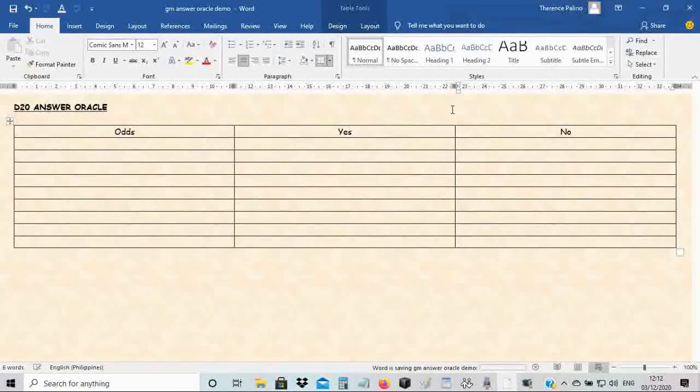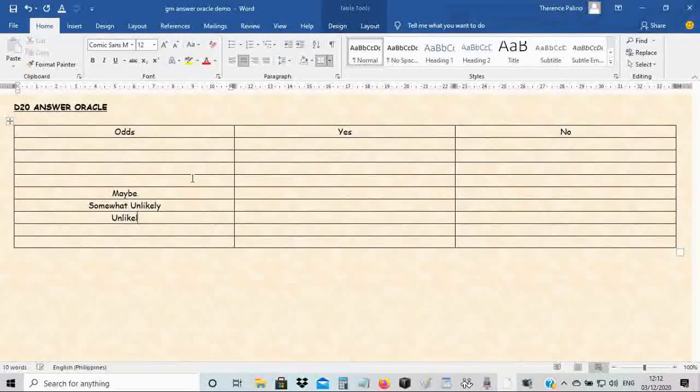Now let's put in the odds. Let's start in the middle here. That's the middle, and here is the maybe, the 50-50 answer. Down here is somewhat unlikely, maybe no, right?